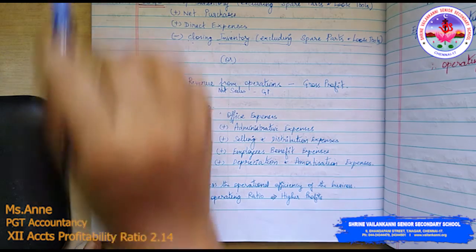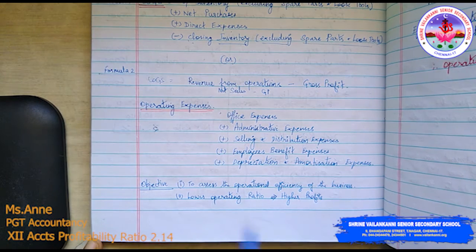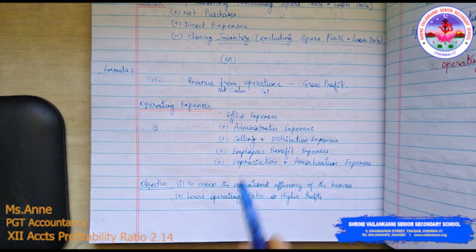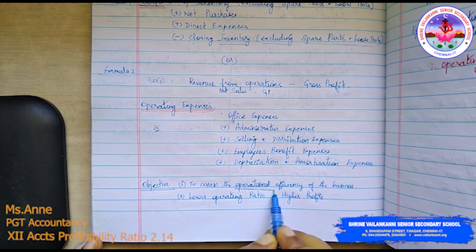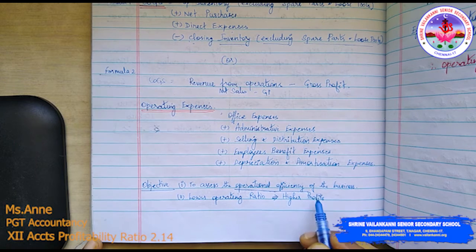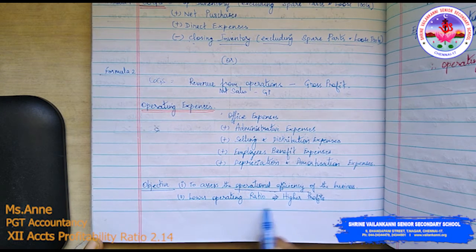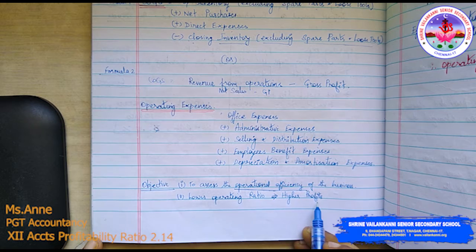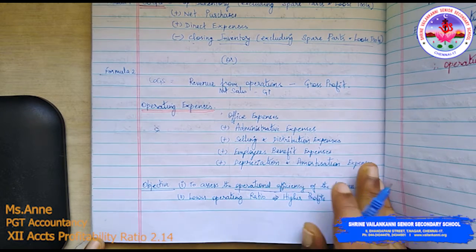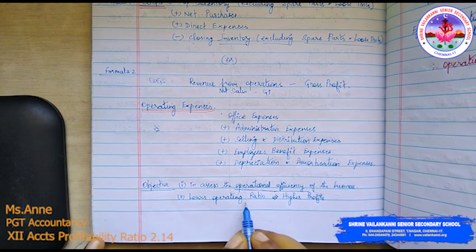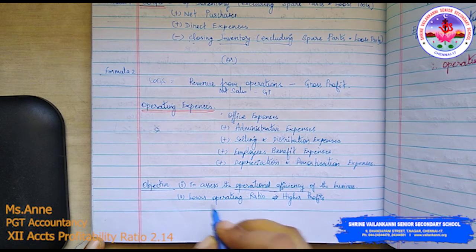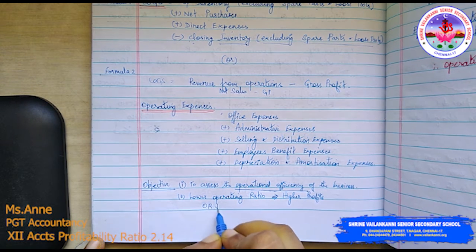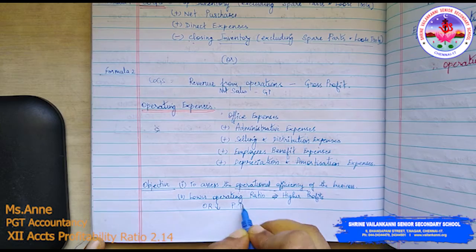So what is the objective of operating ratio? To assess the operational efficiency of the business. The lower the operating ratio, the higher the profit. If the operating ratio is less, profitability will be more.